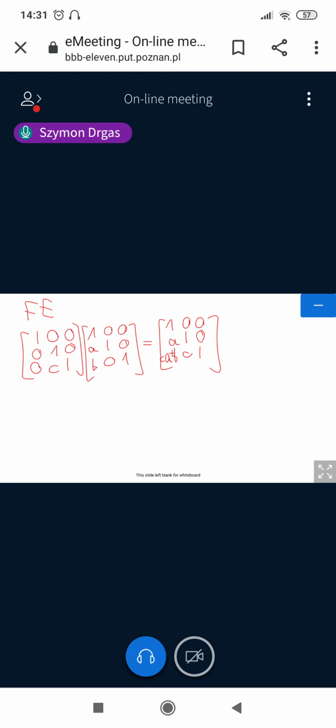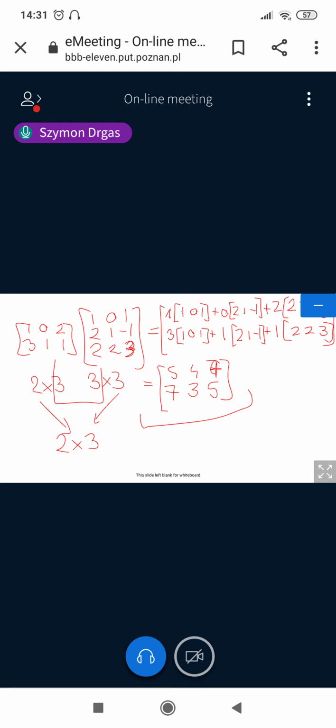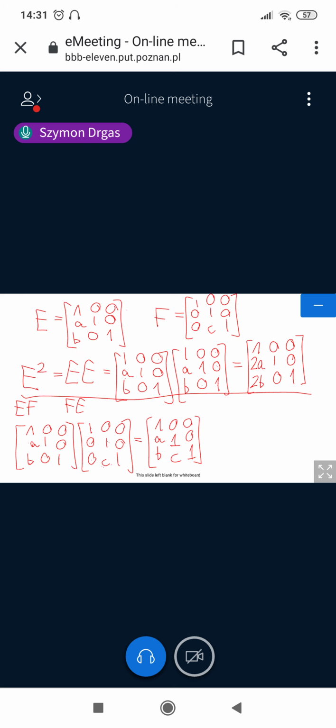Okay, so in this case it is not so easy as in the previous case, where we have just to rewrite these entries at their positions. So it depends on the order of these multiplied matrices.